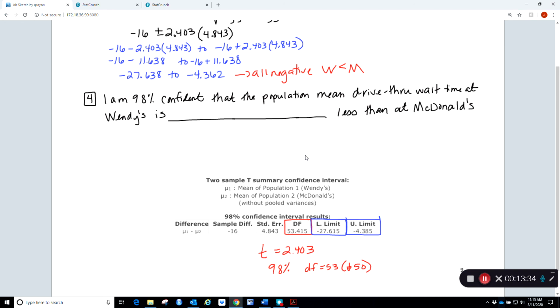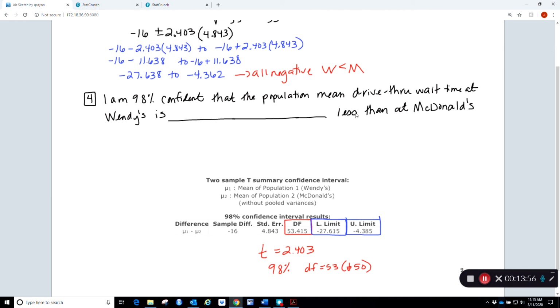Now, what am I actually going to fill this in with is the actual, well, how much less? Now, the numbers I'm going to use here will be similar to what you see up here, but not exact. Now, why not exact? I don't want negative numbers in my interpretation. And all the negative really told me was that Wendy's was less than McDonald's. And I've already said that.